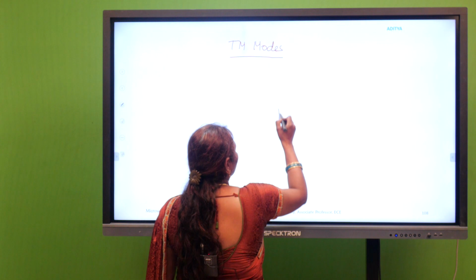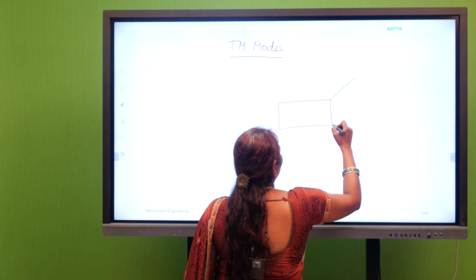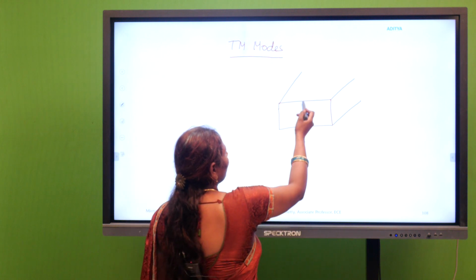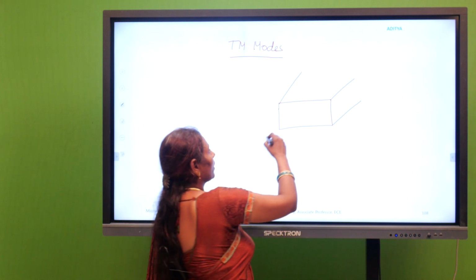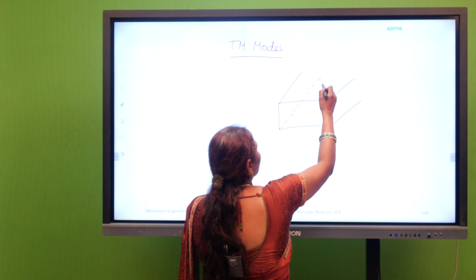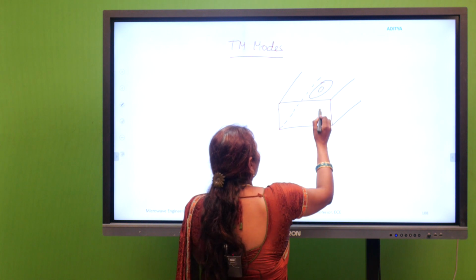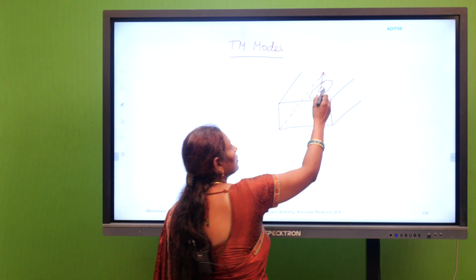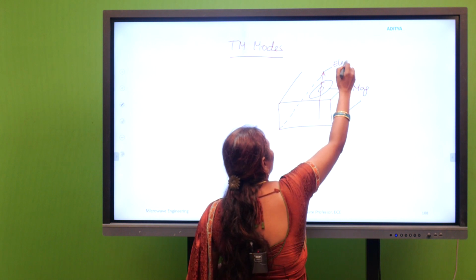For example, if you are seeing the rectangular waveguide like this, the magnetic field is distributed parallel to the plane of propagation, as this is the propagating plane. So, the magnetic field is parallel to the plane of propagation like this, and the electric field is perpendicular to the plane of propagation, representing like this. So, this represents the magnetic field and this represents the electric field.